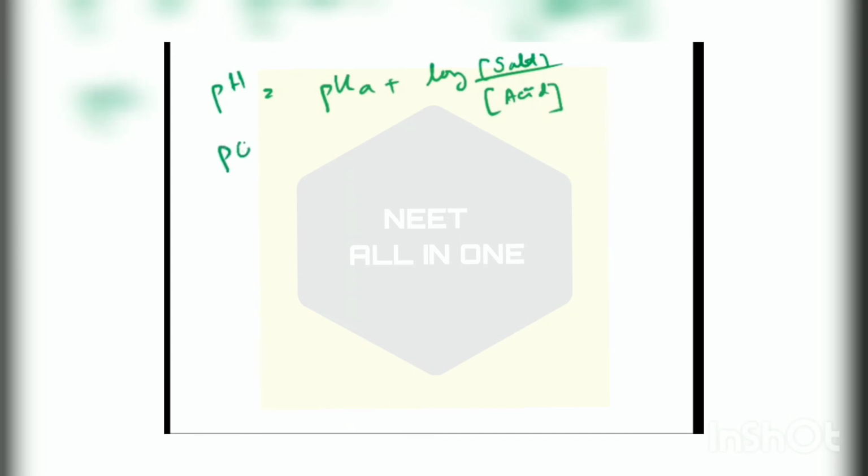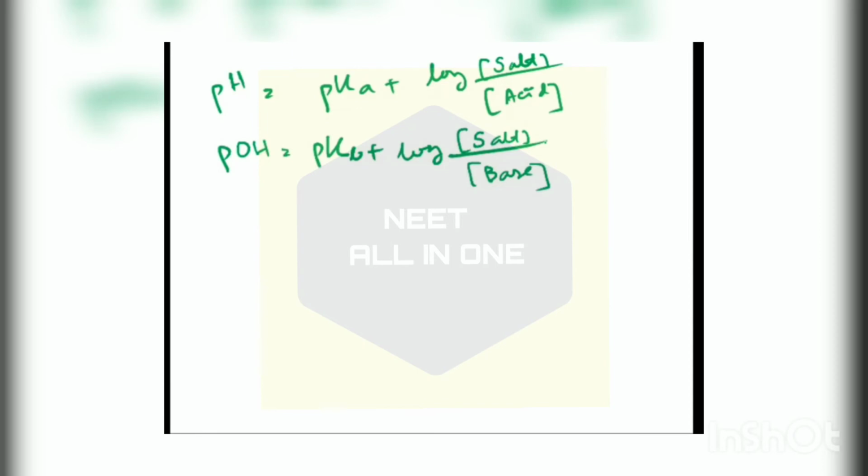And when it is a basic buffer, it will be pKb plus log of the concentration of salt by the concentration of base. Okay, so our buffer solution is done.